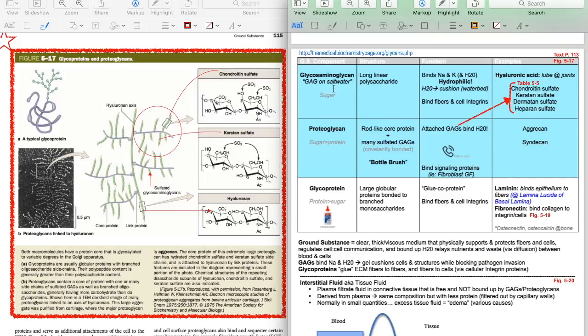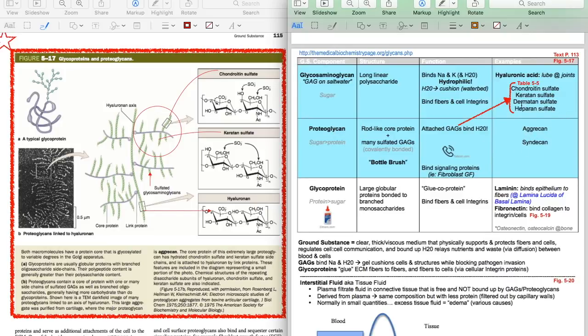So those are GAGs, and then aggrecan and syndecan are proteoglycans. Sometimes in the notes it can be a little bit confusing, but aggrecan is just a type of proteoglycan. Syndecan is a proteoglycan. They're just different arrangements.